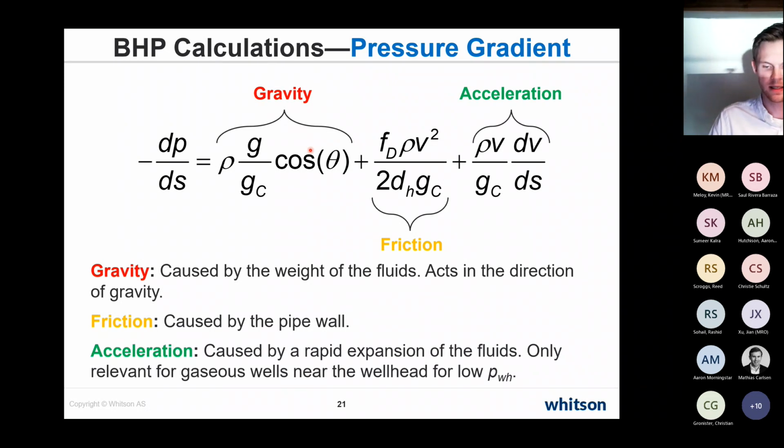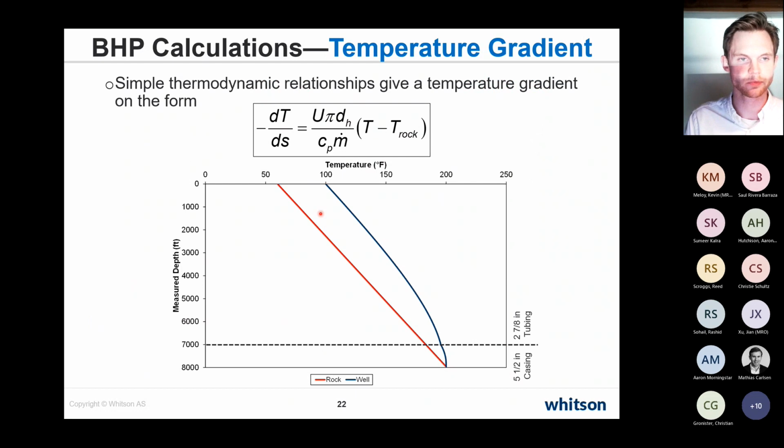And then there's acceleration, which is seldom a very relevant mechanism, but for gas-rich wells at low pressures near the wellhead, the gas may expand very rapidly, and you can get acceleration effects that create some loss of pressure when you go up the well. But primarily, it's gravity and friction that amount to the pressure loss in the pipe.